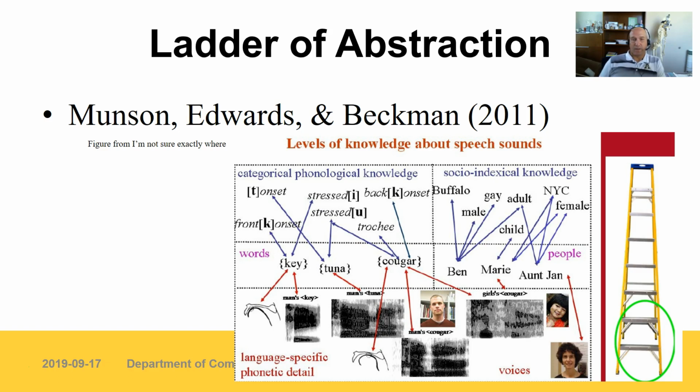And as we analyze all of this perceptual and production and visual data and begin to classify things by categories, by associating them with particular people, by associating them with particular lexical items, those abstractions help us make sense of all of the phonetic variation that's out there. We can make further abstractions over those abstractions, finding segmental information within related words, or finding socio-indexical information within different people that share sociolinguistic characteristics.